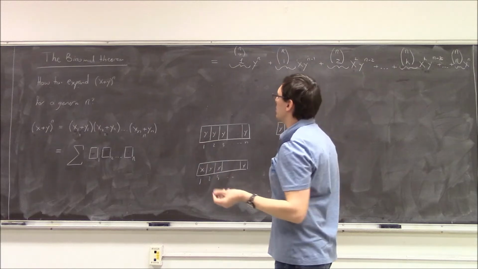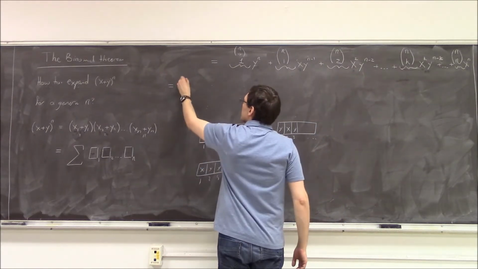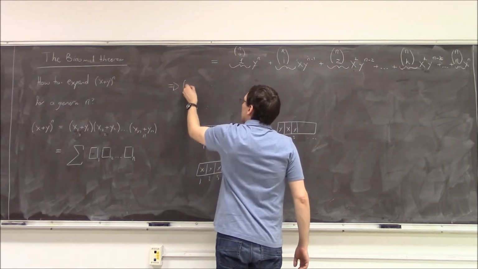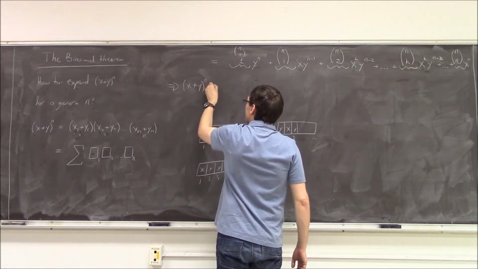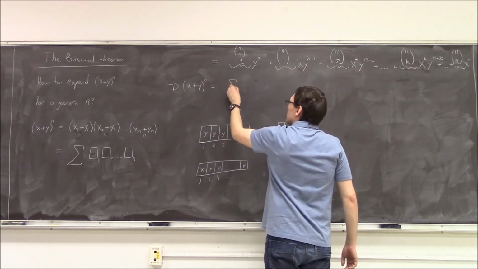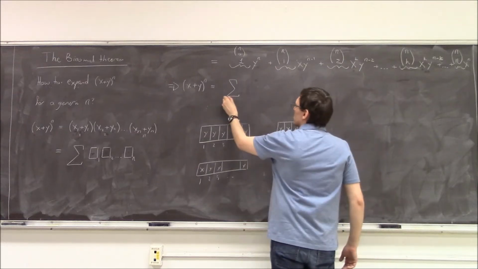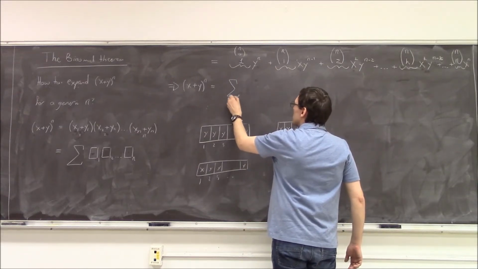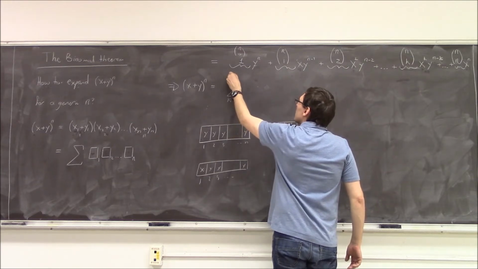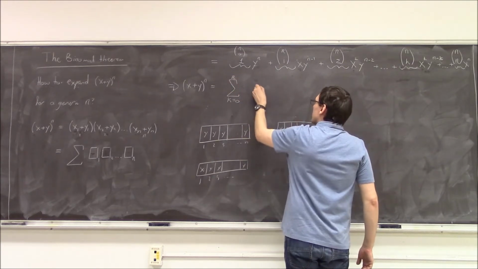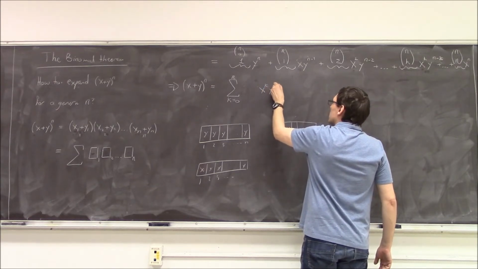What have we understood? Well, look at it. We now have a formula. This means that (x + y)^n can be broken into the different types of attendance rosters from k equals 0 to k equals n. Here I have x^k y^(n-k).